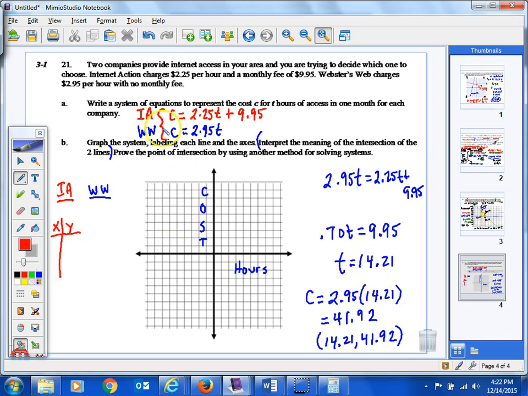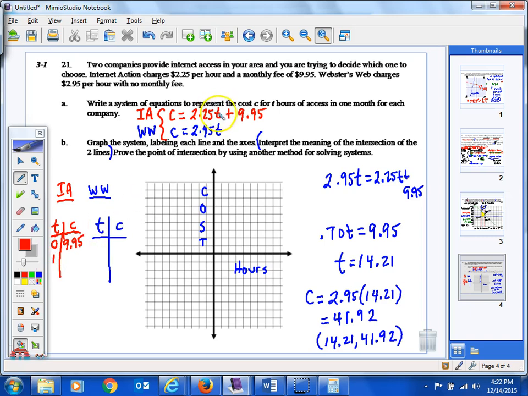All right, so let's start with Internet Action. Just start plugging some numbers in for what would be the X variable, the independent variable. Start easy. I'm going to do T and C. Okay, so for Internet Action, at 0 time or hours used, they're still going to charge us $9.95.